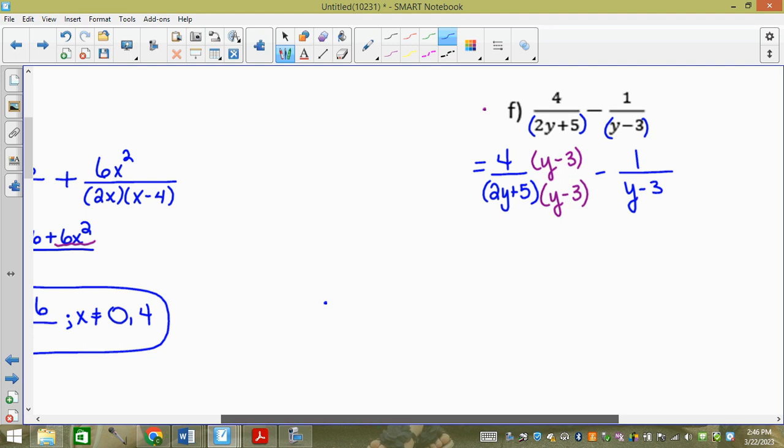And I'm going to multiply it by 2y plus 5. I never distribute my denominators unless my denominators are both monomials. So when we put them together when they were both monomials. Other than that, you leave them in their own brackets. Or else you make your MPVs way harder.